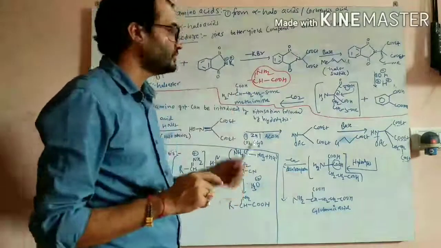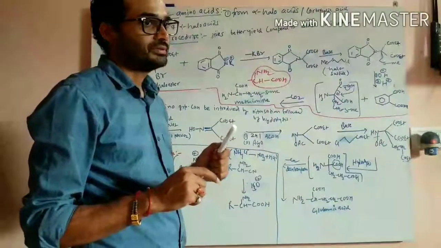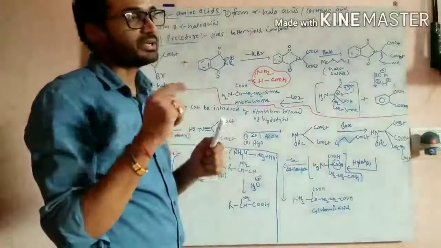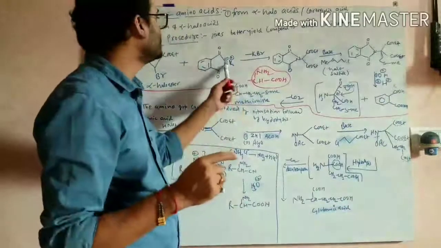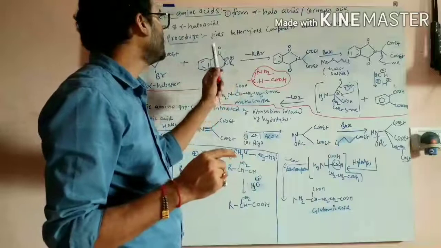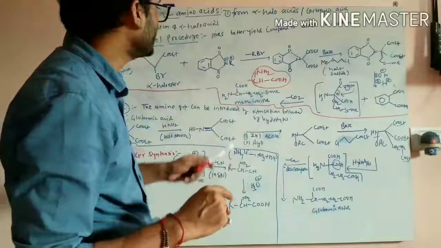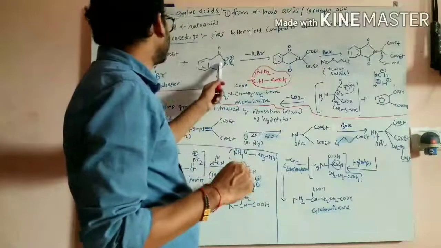And what is this? This is the imide of phthalic acid, and it is converted into its potassium salt. This is called potassium phthalimide. Treated with this, what will happen?